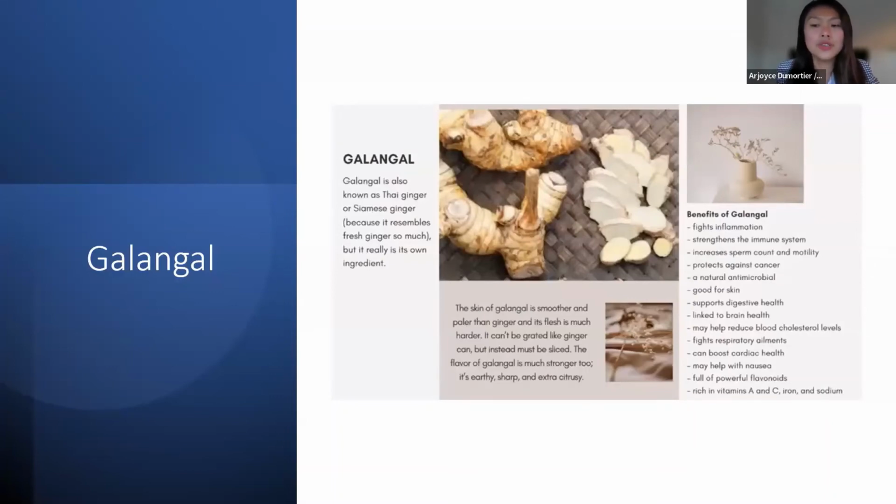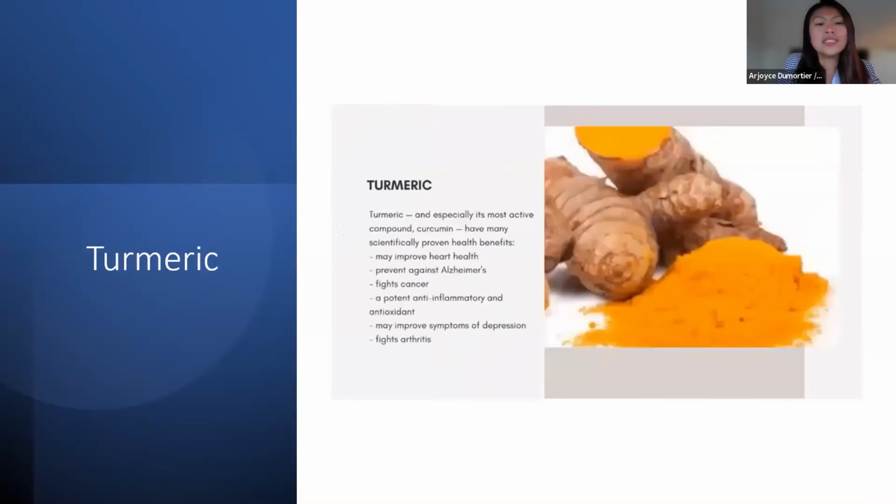It fights respiratory ailments. It can boost cardiac health, so it's also good for our heart. It may help with nausea, and it's full of powerful flavonoids, which is very good in enhancing our brain and memory function. It is rich in vitamins A and C, iron, and sodium. Now, the next ingredient is turmeric.